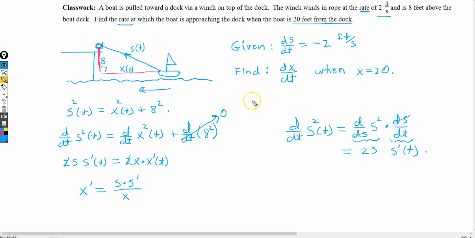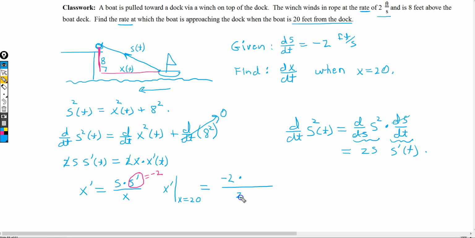Now we want to find x prime, dx/dt, when x is 20. So x prime when x equals 20. We are given the s prime here is -2, so we can put that in.